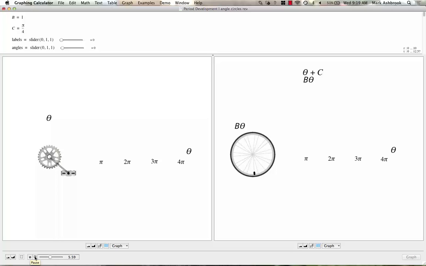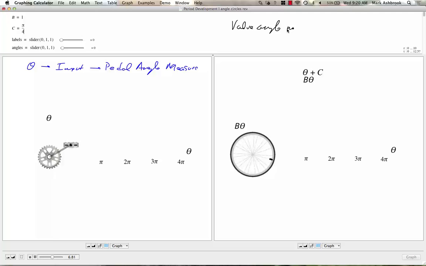Okay, so theta is still the input, and it's the pedal angle measure. So what is the valve angle measure in terms of theta if that tire valve starts pi over 4 behind?